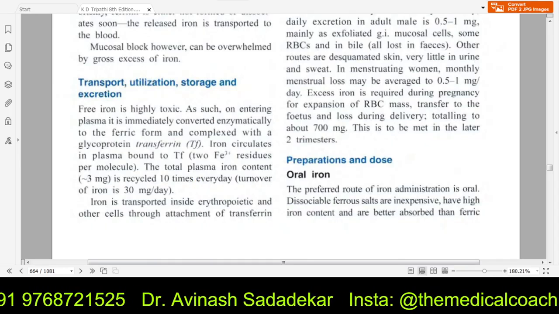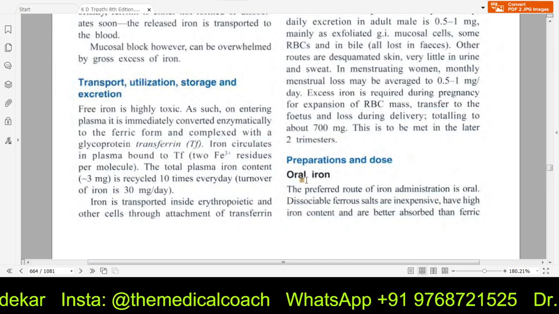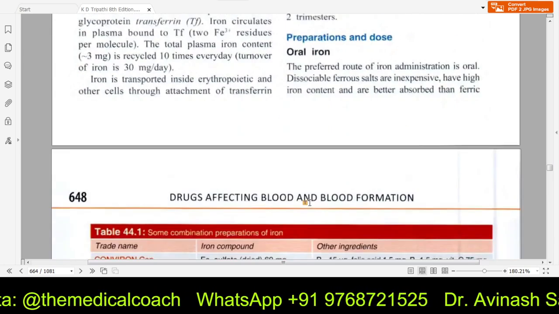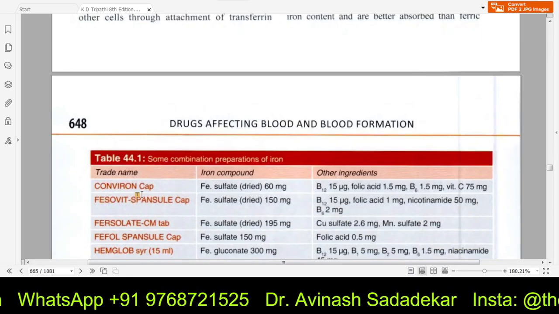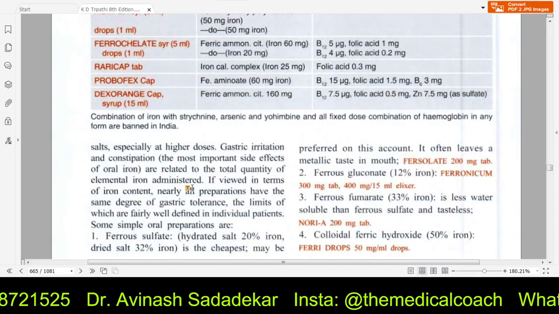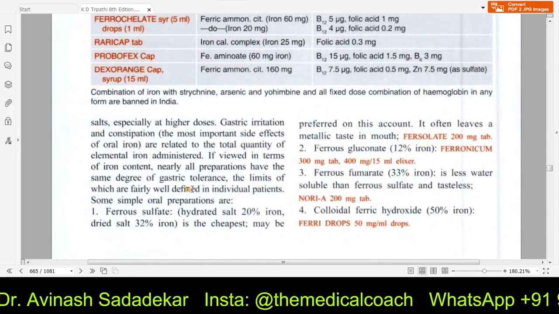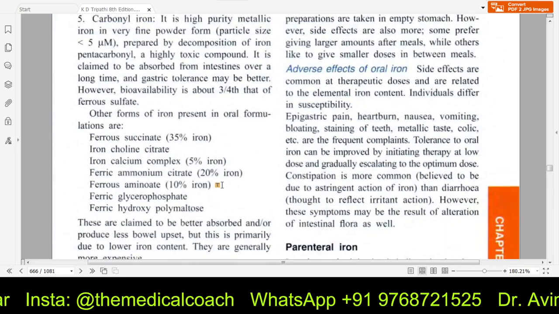It's not really important from your exam perspective. And as far as oral iron preparations are concerned, I have already spoken. Not really important what drug you give, it is how much of elemental iron is important. We have spoken about the side effects. Oral iron would not be asked, I don't expect it to come.